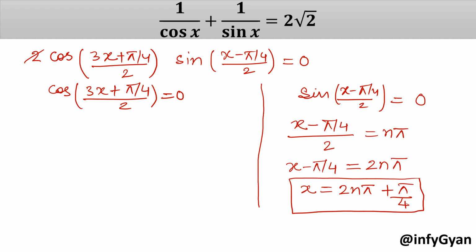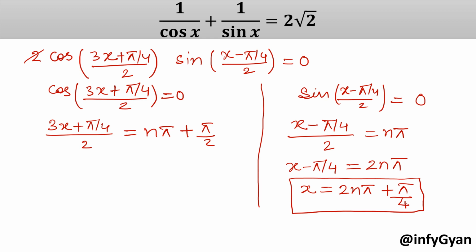Now come to the first equation, cos of 3x plus pi by 4 over 2 equal to 0. How will I write it? I will write 3x plus pi by 4 over 2 equal to n pi plus pi by 2. Because if cos of theta is equal to cos of alpha, then theta will be equal to n pi plus alpha.